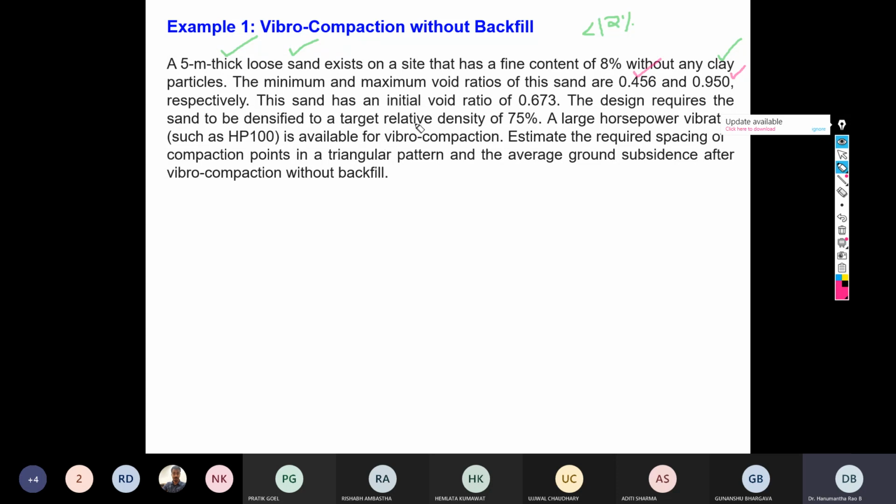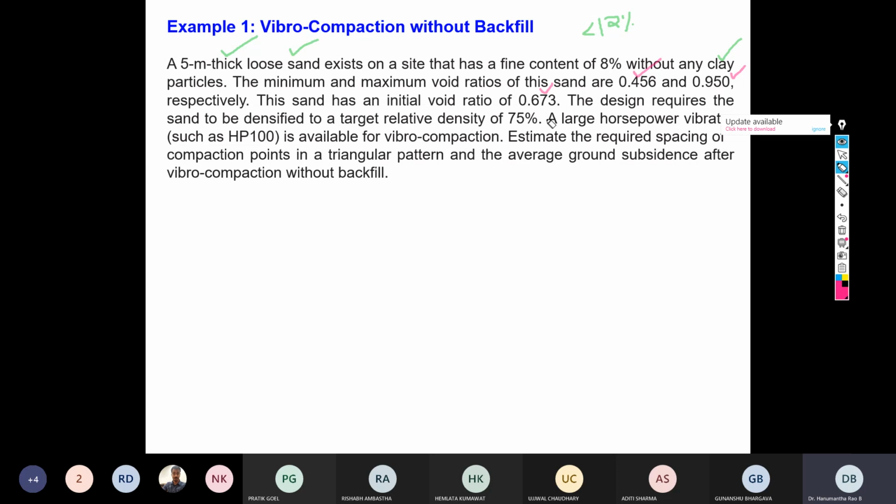So this sand has an initial void ratio of 0.673. Okay, so this 0.456 is determined in the laboratory, but the in situ initial void ratio is 0.673. If you closely observe, one thing is clear: your natural void ratio is in between the maximum and minimum void ratio, Emax and Emin.